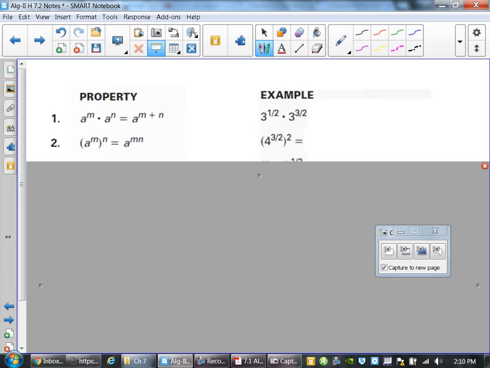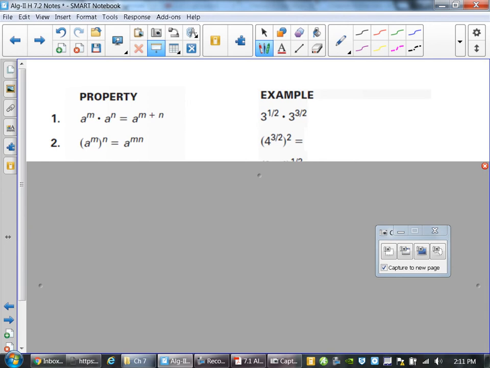Power to power, same idea. If you have any base raised to an exponent, so we have 4 to the 3/2, squared. Unfortunately, the book uses slashy fractions a lot, whereas I hate slashy fractions. Try to rewrite them as regular.